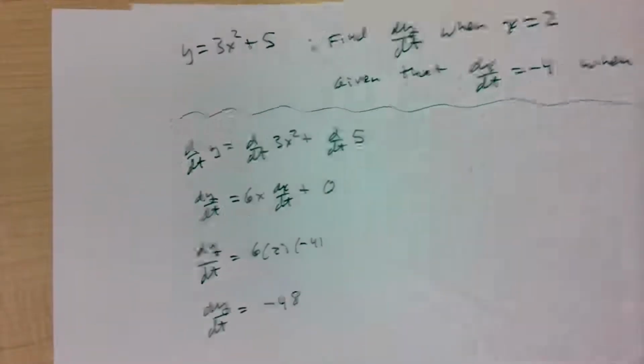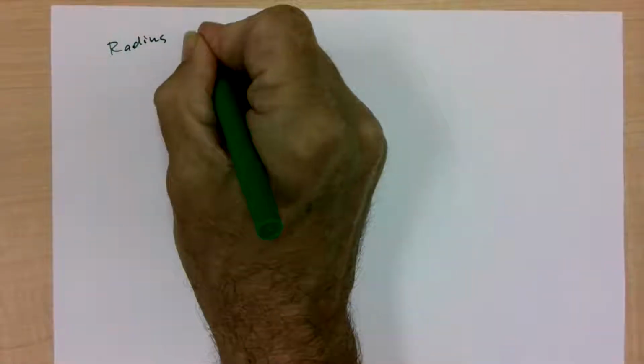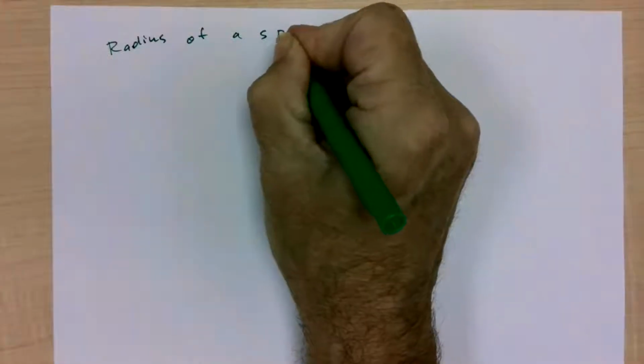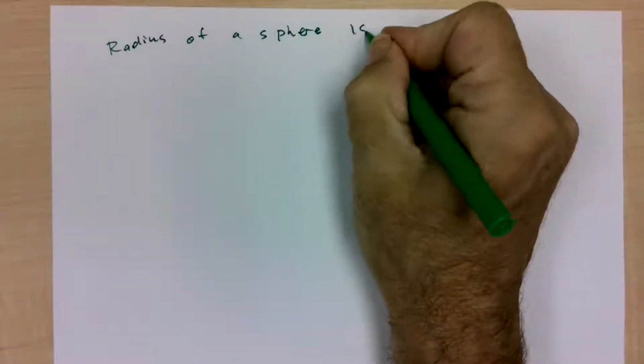This time, the radius of a sphere is increasing at a rate of 3 inches per minute.